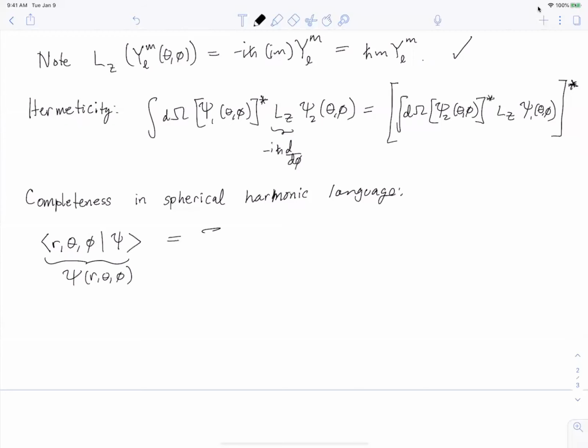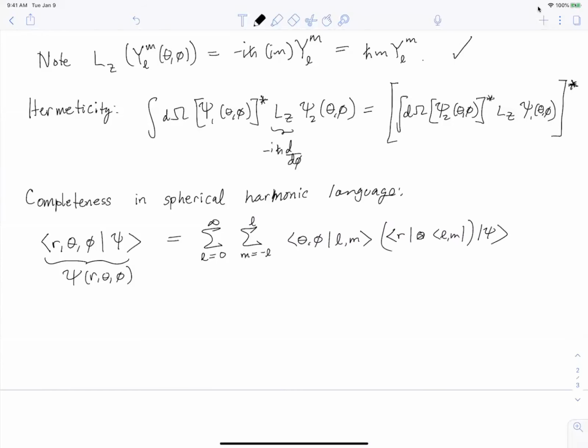This is going to be a sum over all L's, and we know they can be any non-negative integer, and a sum over all m's, which go from minus L to L. And then there's theta phi Lm times the radial part, tensor product with Lm, all of that acting on psi.